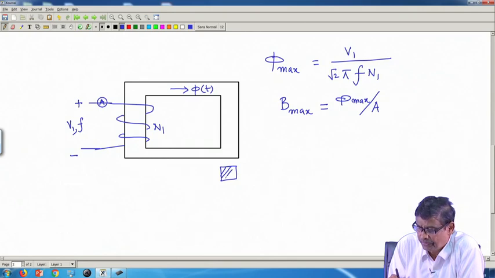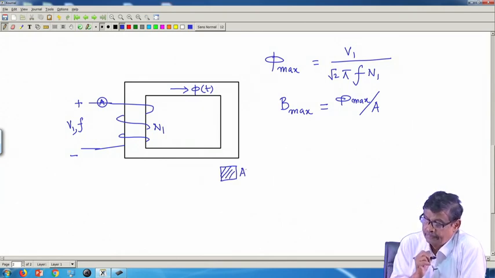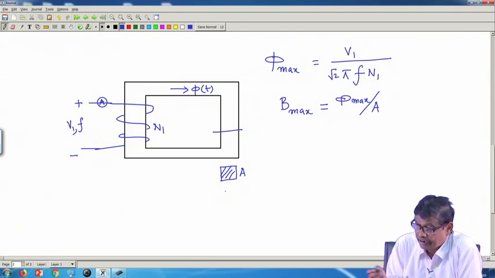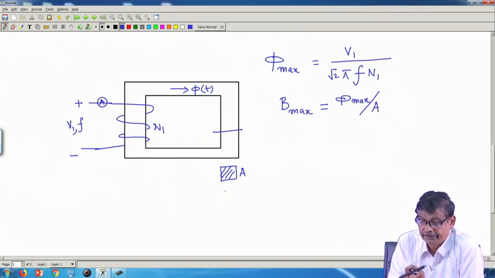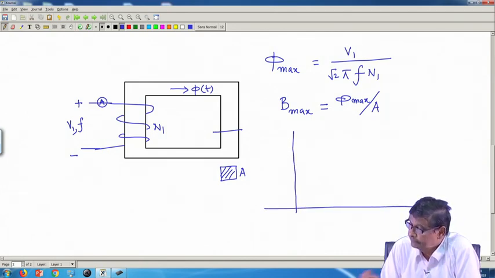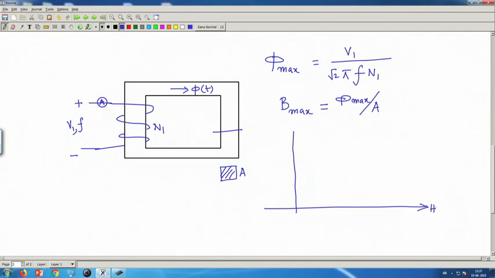Suppose it is uniform and constant; this is A. Then I have to calculate the value of the current. I will ask what is the BH characteristic of this material. It remains linear, then it goes like this. This is the BH curve of the material.